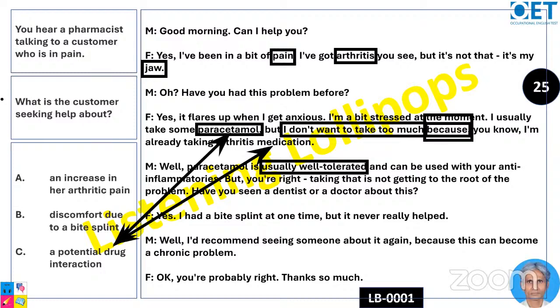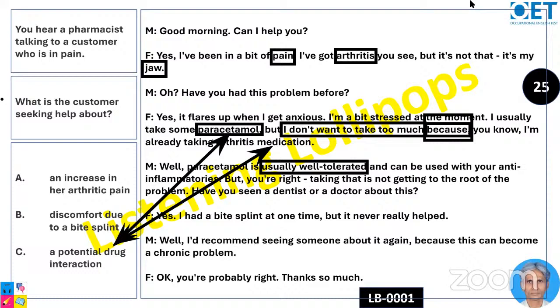Is that clear? So I hope you understand that. Is the concept clear? That's it.